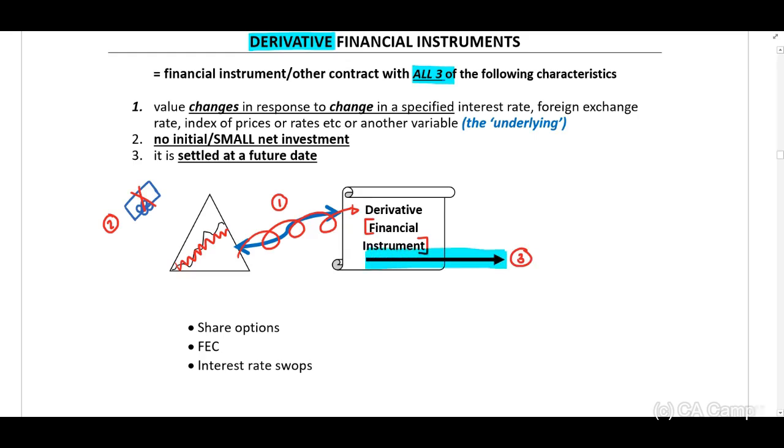Again, our arrow looking forward. You need to remember this is all three of the characteristics. 1 plus 2 plus 3. Examples of derivative financial instruments will include share options, FEC contracts, and interest rate swaps.